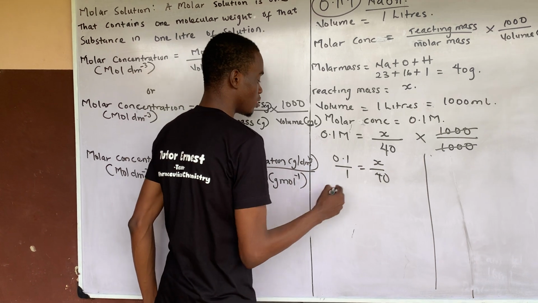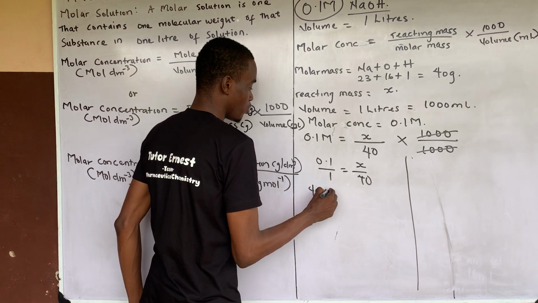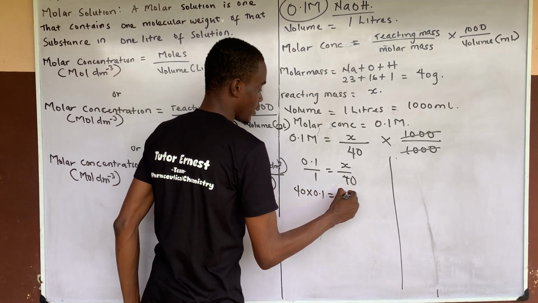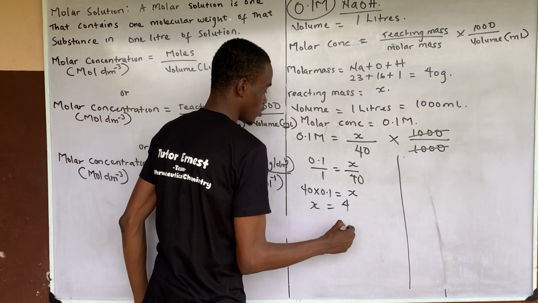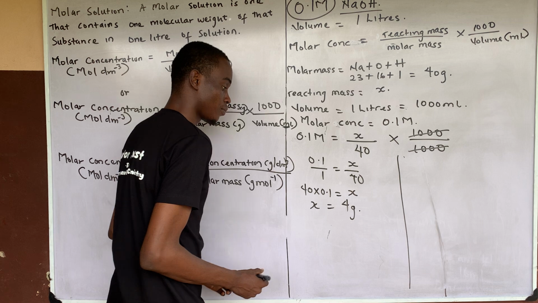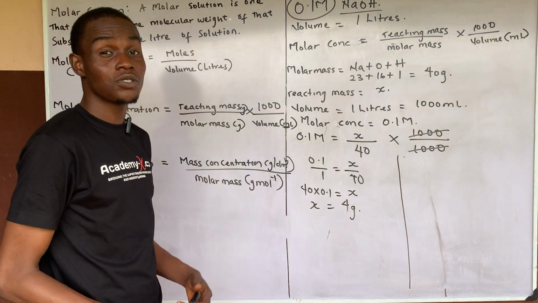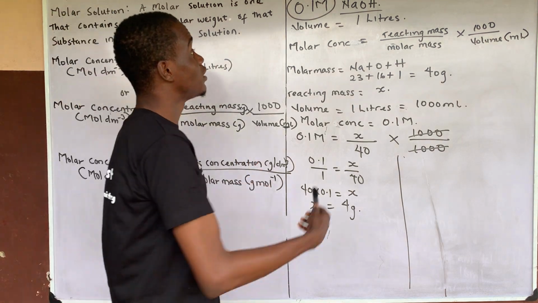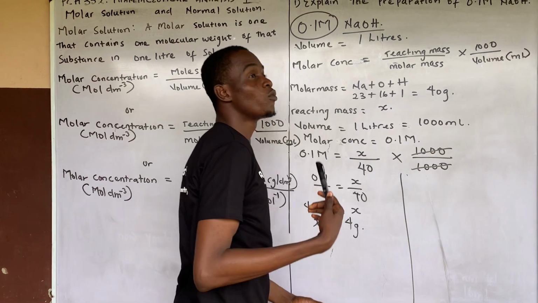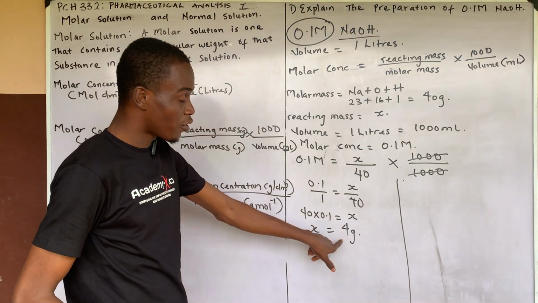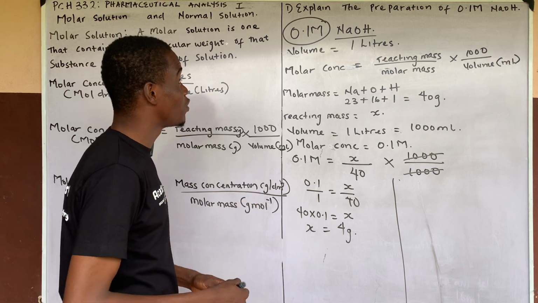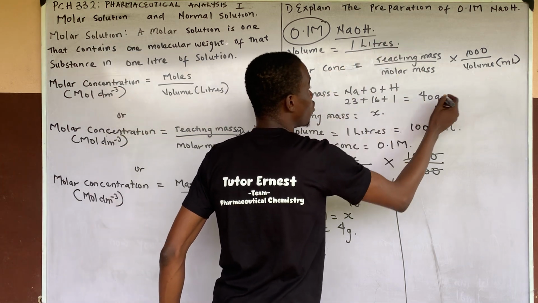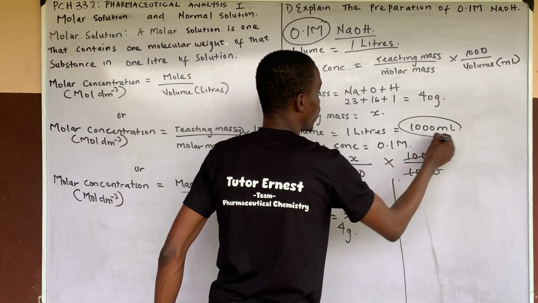So when you cross multiply, we have 40 times 0.1 equals X. Swap both sides. X is equal to what? 4 grams. Now this 4 grams tells us that when we're trying to prepare 0.1 molar NaOH, we have to collect 4 grams of the stock. You take 4 grams of the stock and dissolve it in 1 liter of water or 1000 ml of water.